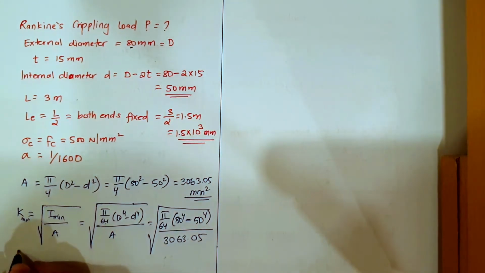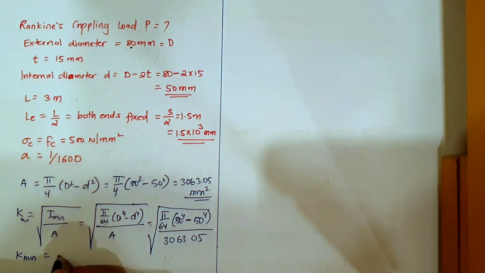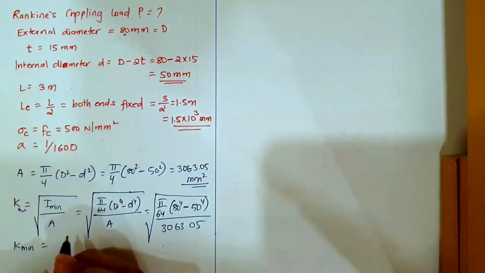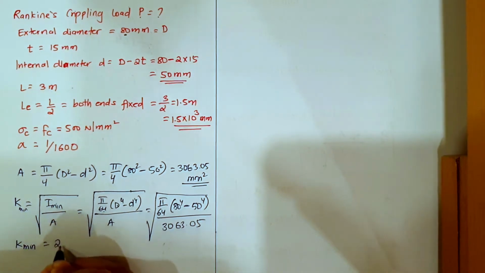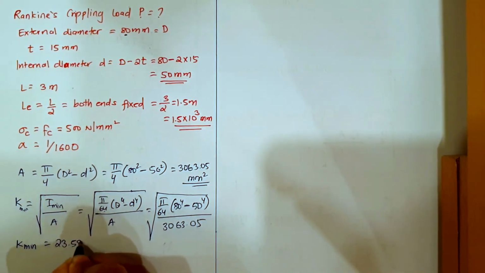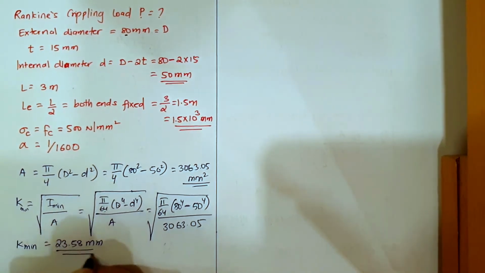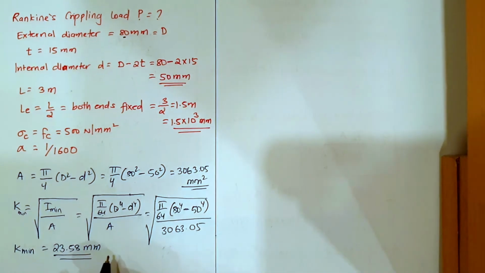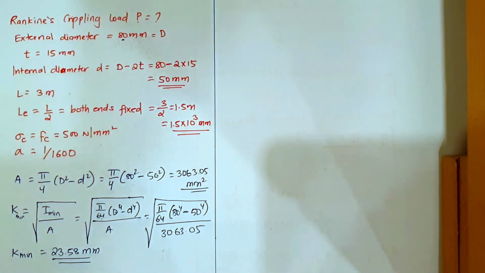Okay, now from here K minimum will be coming equal to 23.58 mm.